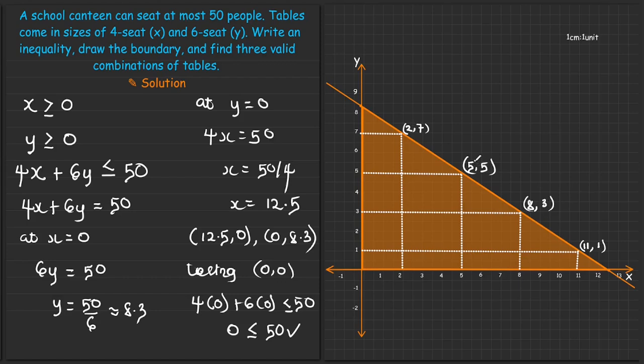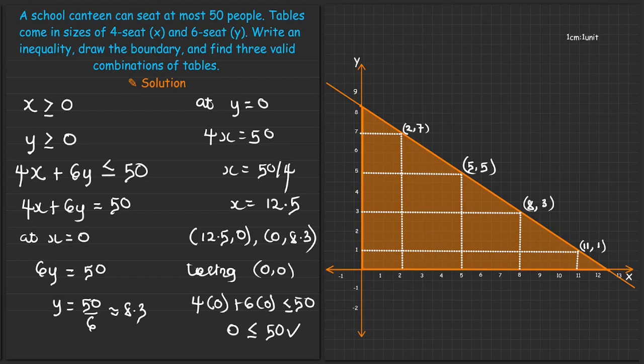Now, if you don't want it to be completely full, then you can take any of the points inside these shaded regions, and there are numerous of them. I should take note: you don't take decimal values. Take integer values, specifically positive integers, because we can't have a decimal number of tables.